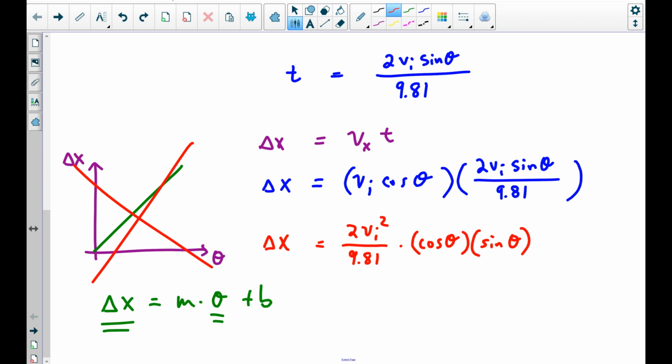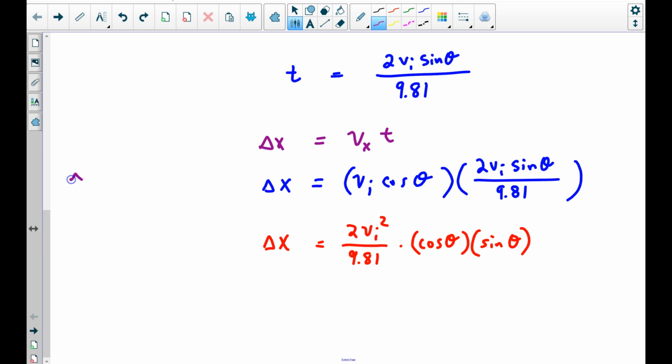But check out this trick. What if instead we make a graph with displacement on the y-axis and the product of cosine theta multiplied by sine theta on the x-axis? Are those two things related by a linear relationship?